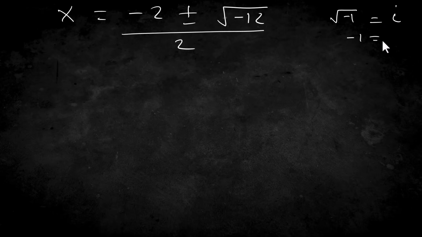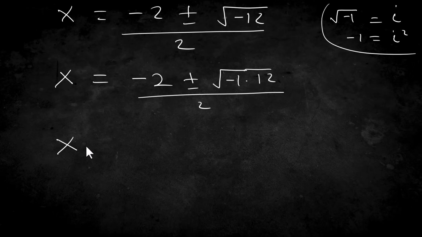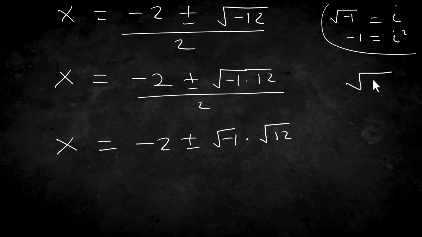It means negative 1 is the same as i squared. So you can write this one as x equals minus 2 plus or minus the square root of negative 1 times 12, on 2. So we have the square root of minus 1 times the square root of 12. Now the square root of 12 is the same as 4 times 3 under the root, so that will be 2 root 3.